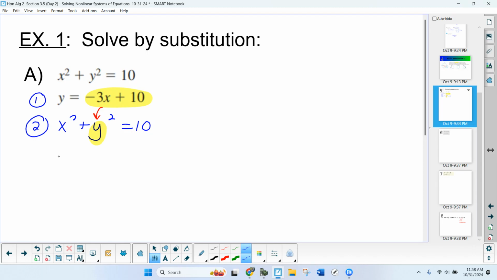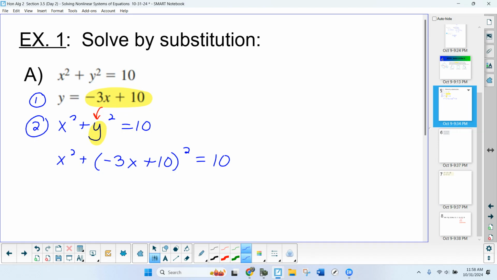Put it in parentheses. I'm going to write it like this: x squared plus the quantity negative 3x plus 10, squared, equals 10. Is everybody okay with how I substituted that in?